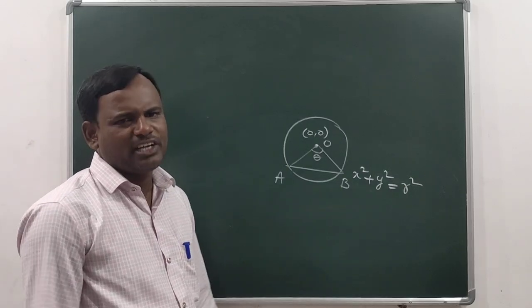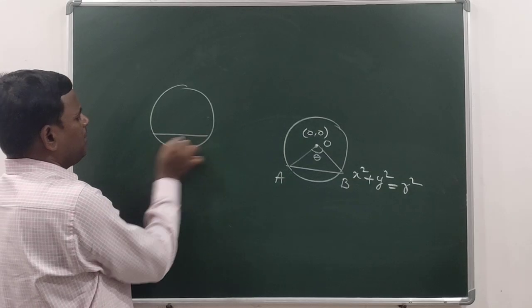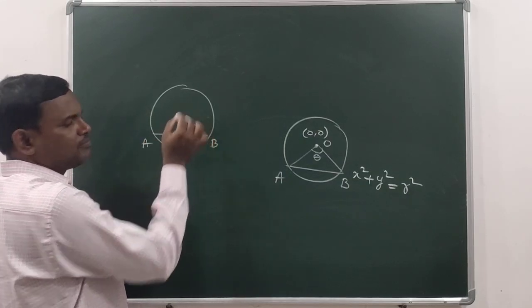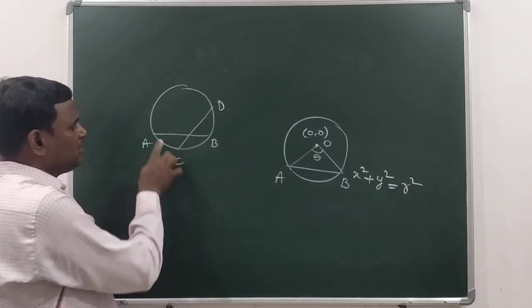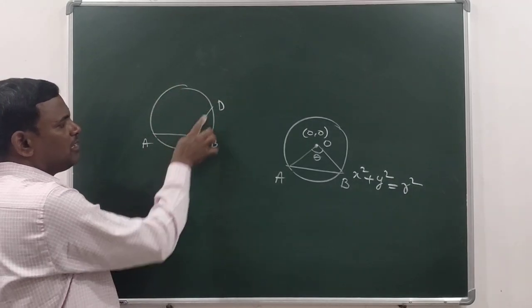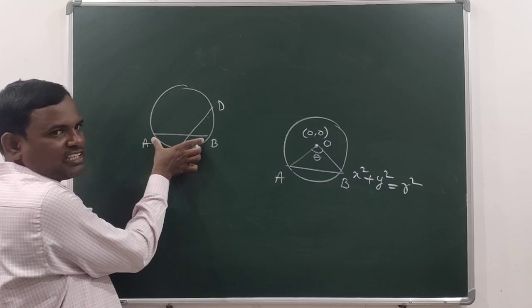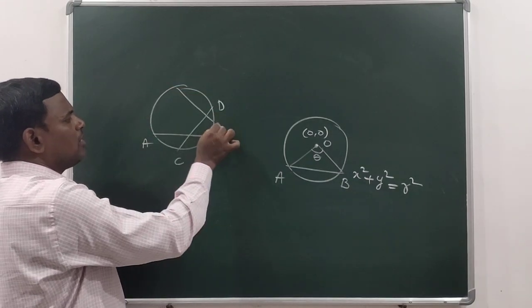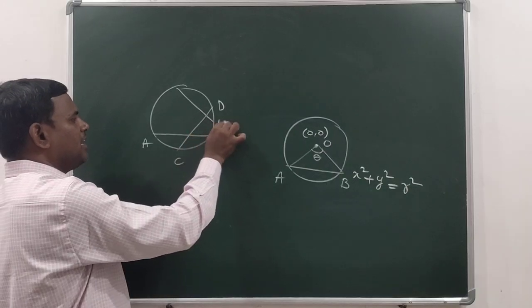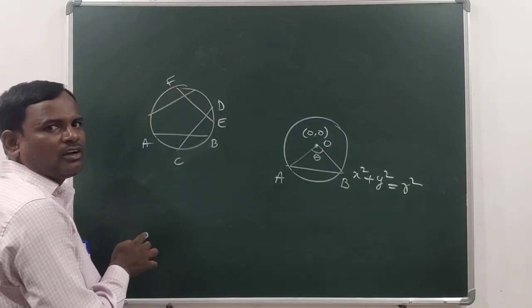Infinitely many, because here AB may have some length, and here CD may have some length. These two lengths are equal. Suppose if you take AB as 10 centimeters, it may be 10 centimeters, or this chord CD and EF, like infinitely many chords you can draw.